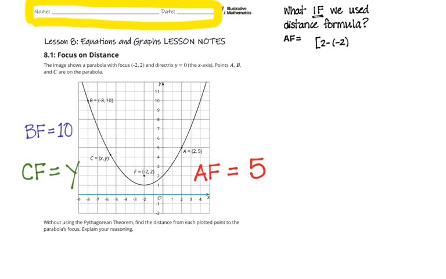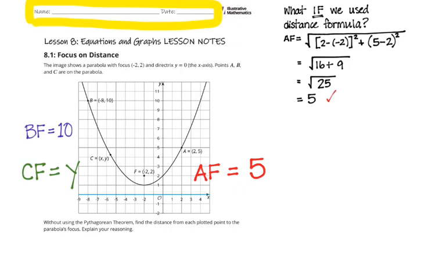And remember, the distance formula is the x's subtracted, and then you square them, and the y's subtracted, and you square them, and then you add those two groups. It says a minus, but it should say a plus right there. There we go. And that's going to give us 16 plus 9, which is 25, and the square root of 25 is 5, which is exactly what we got when we just counted the vertical distance. So it checks out just fine.